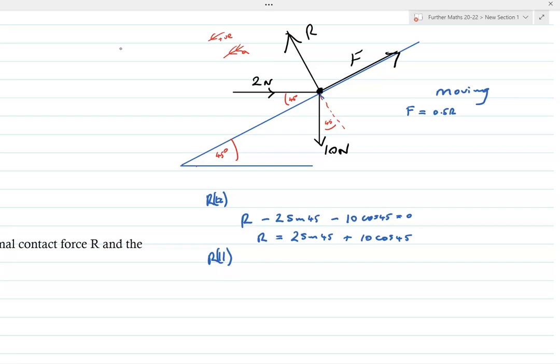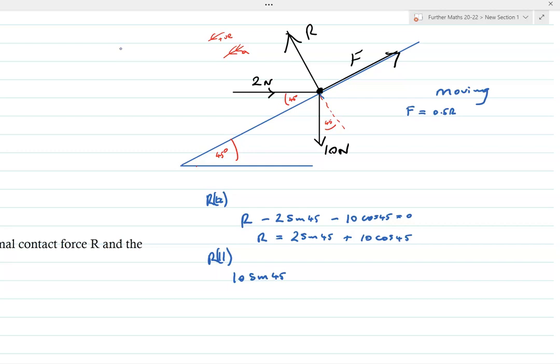Let's do the parallel equation, but I'm going to take downwards as positive. The only force that has a component downwards is the 10 Newton force. So that's 10 sine 45. There's no g in that because we were told the weight, not the mass, and I'll come back to that in a moment. We were told the weight of it. So the weight isn't 10g, the weight is 10.